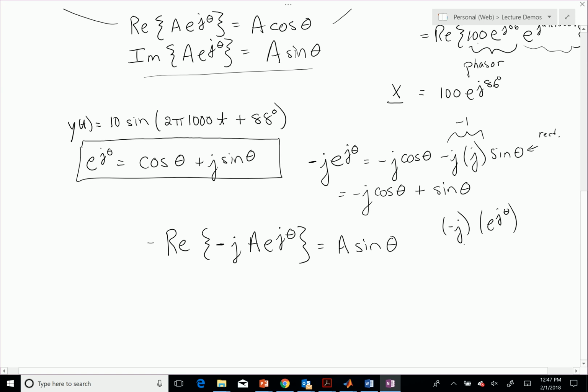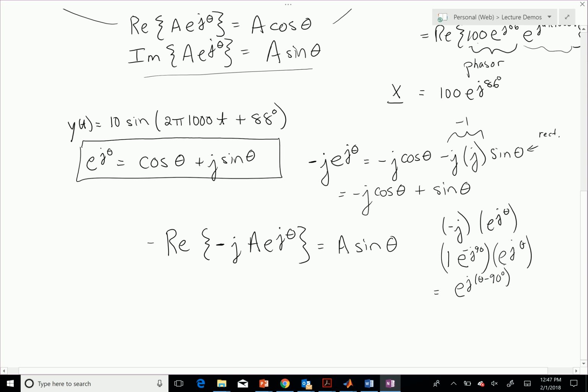I'm multiplying two vectors, so I can look at the two things in polar coordinates, and I can say, well, with this minus j right here, this looks like a vector that has a length of 1, and minus j has an angle of negative 90 degrees, so I can write him also like this. So that says that my answer here is essentially e to the j theta minus 90 degrees, like that.